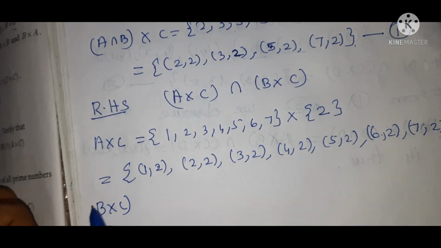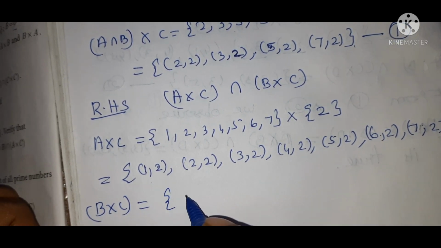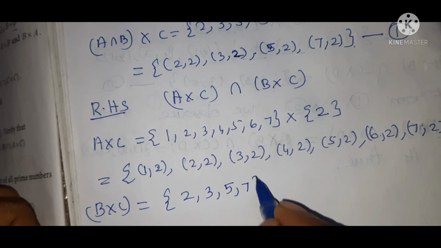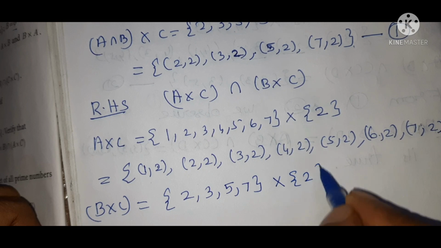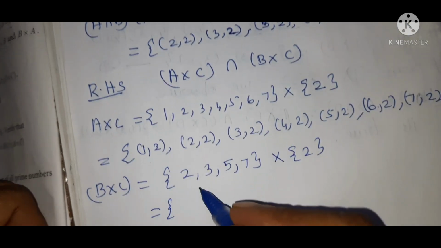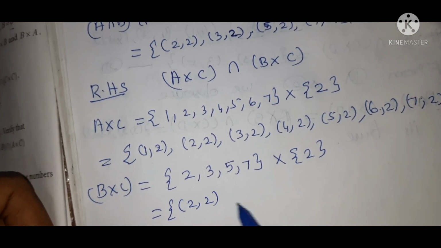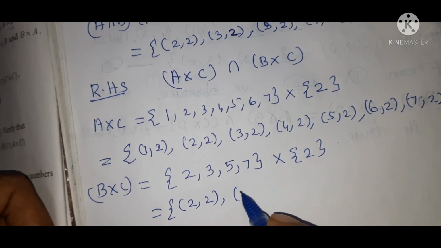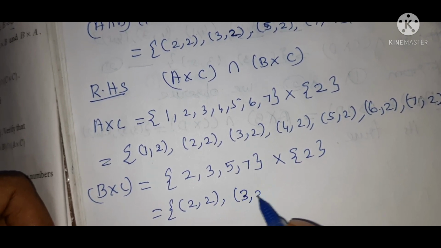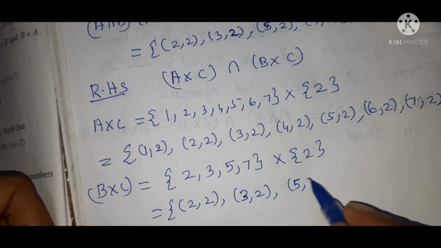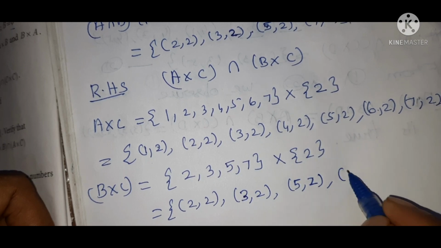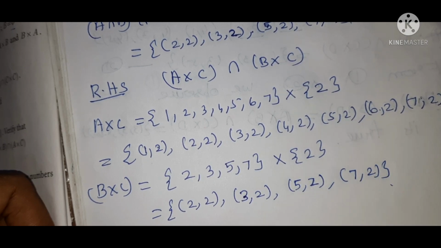B cross C: B is 2, 3, 5, 7, cross 2. The ordered pairs are (2, 2), (3, 2), (5, 2), (7, 2).